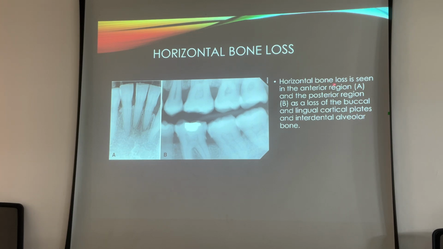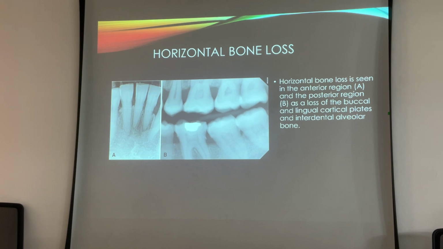Horizontal bone loss is seen in the anterior region, A, just like this, and in the posterior region, B, as loss of the buccal and lingual cortical plates and interdental alveolar bone. Okay, this is the horizontal bone loss.